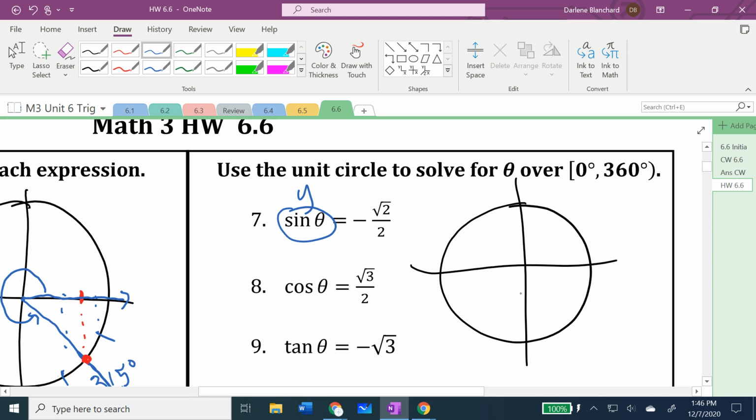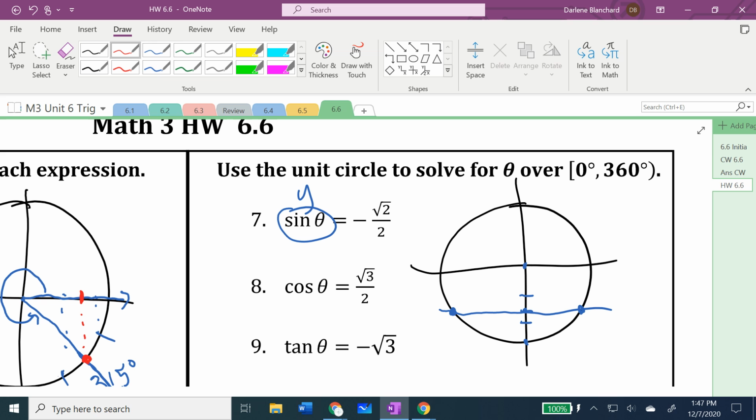That's a horizontal line. There are 3 special numbers between 0 and negative 1 down the negative y-axis, and root 2 over 2 is the middle of those. If I draw a horizontal line across, it goes through the unit circle in 2 spots.